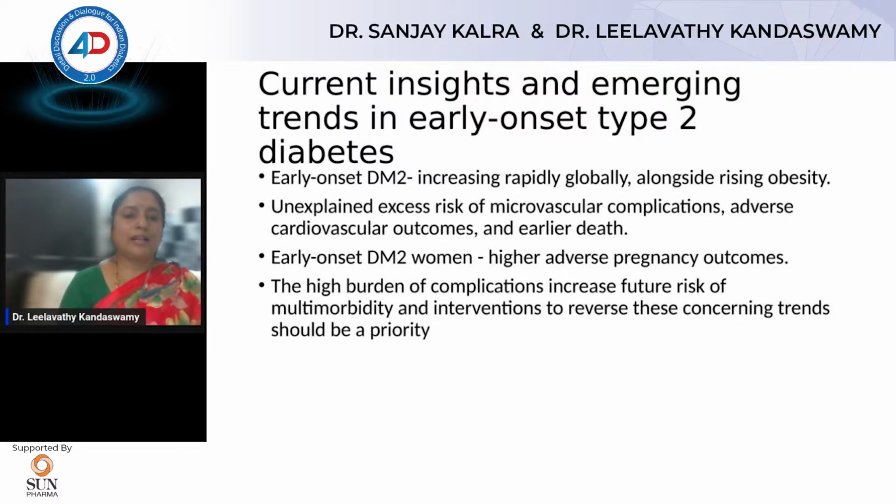And excess risk of microvascular complications, adverse cardiovascular outcomes, and earlier death is also happening, and higher adverse pregnancy outcomes due to early onset type 2 diabetes. So there is a high burden of complications, increased future risk of multimorbidity, and appropriate interventions to reverse these concerning trends should be a priority.